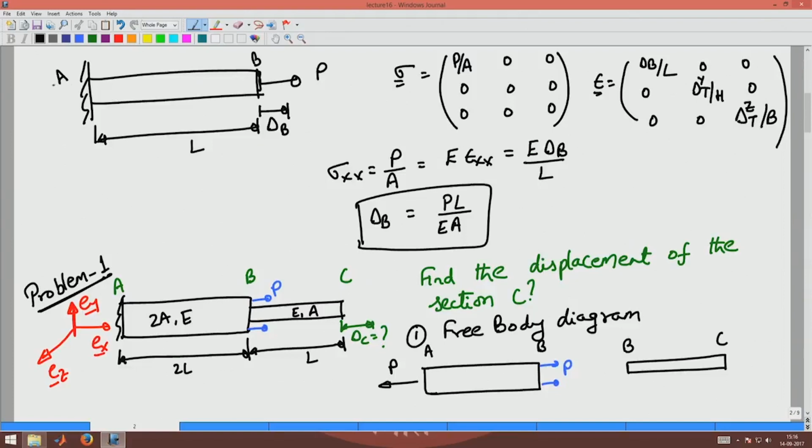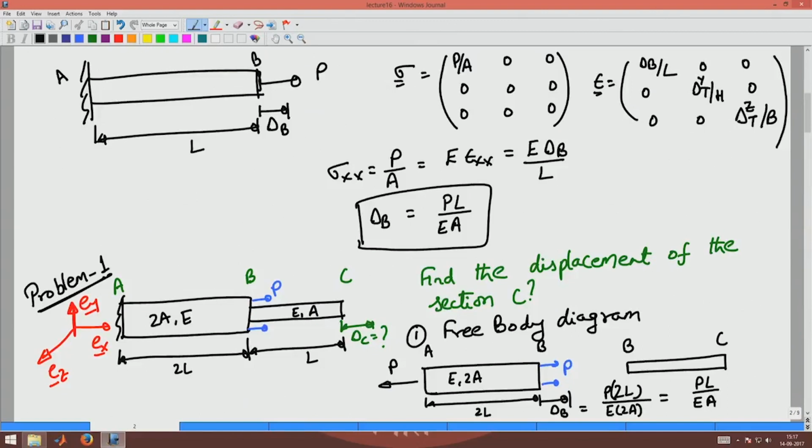It is similar to the case wherein we saw just now AB subject to axial load P. So, this edge would displace by delta B, which is given by P times 2L by E times 2A, because this has the Young's modulus E, 2A is the area of the cross section and length is 2L. In other words, delta B is PL by EA.